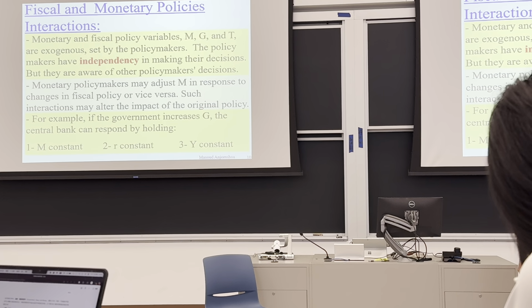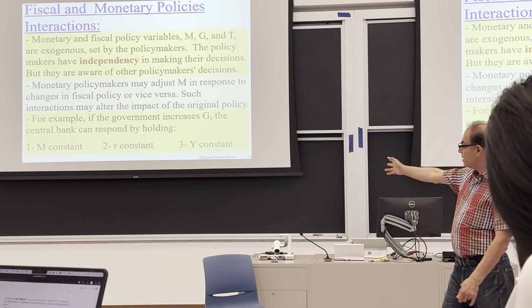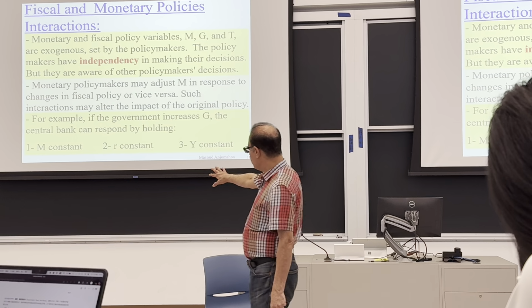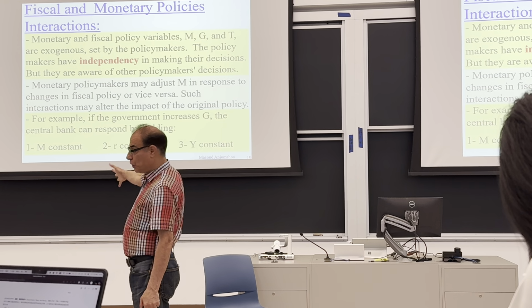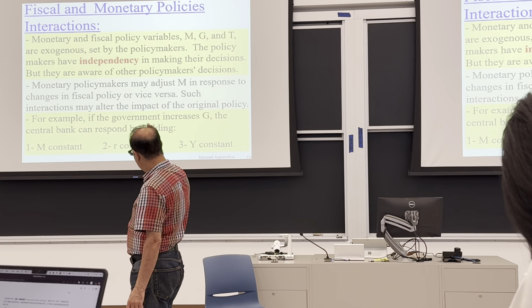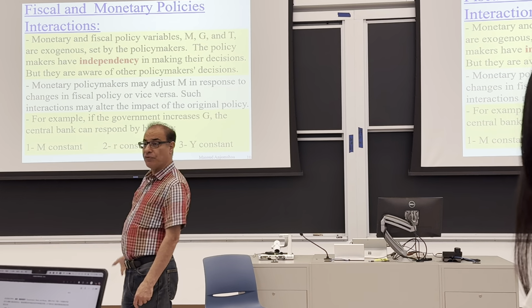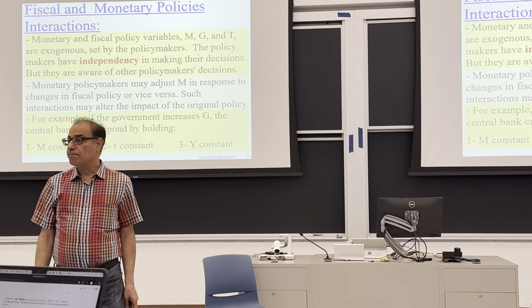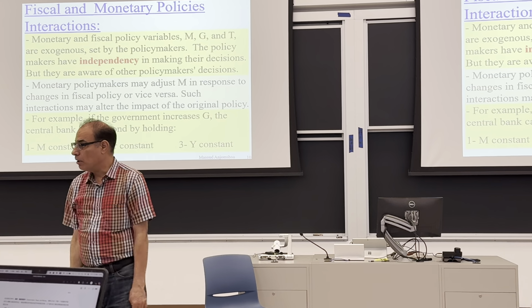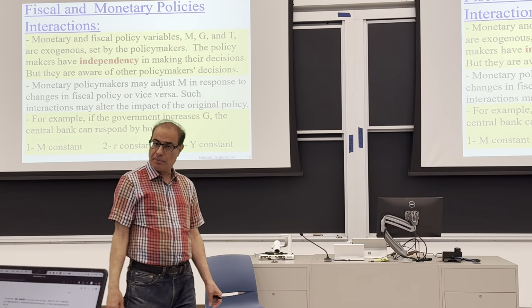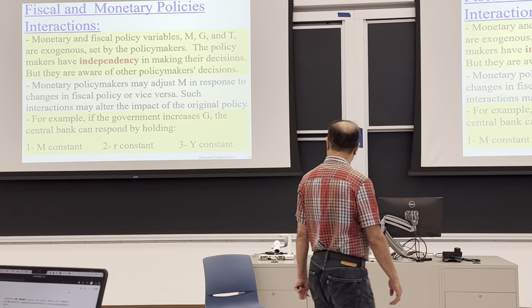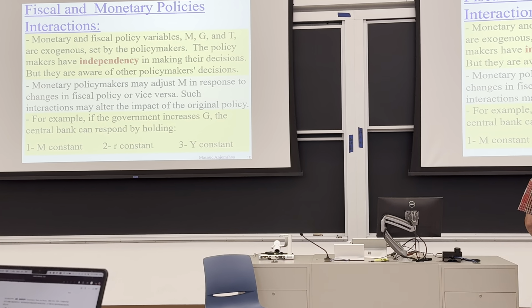In fact, when government increases G, the central bank can do 3 things: keep money supply fixed, keep interest rate fixed, or keep output fixed. You see? These are all policies the central bank can do. Let's see each of them.